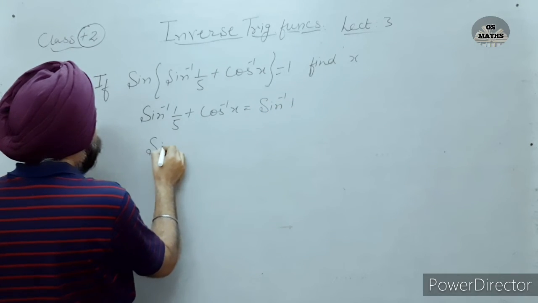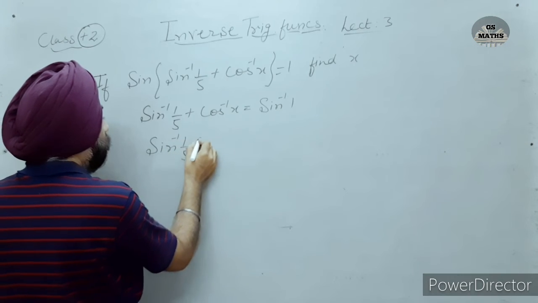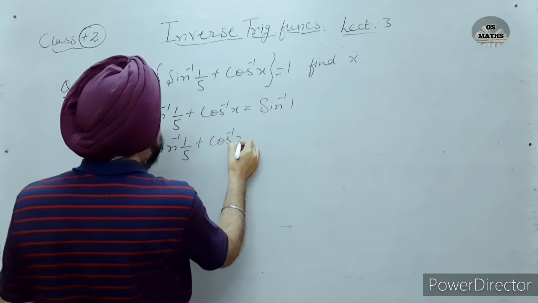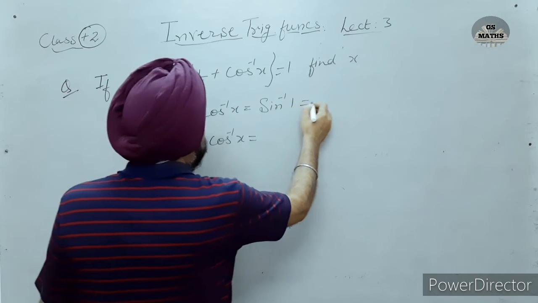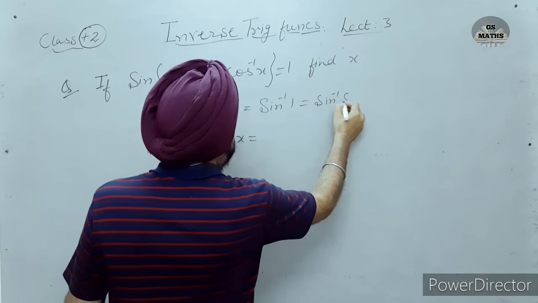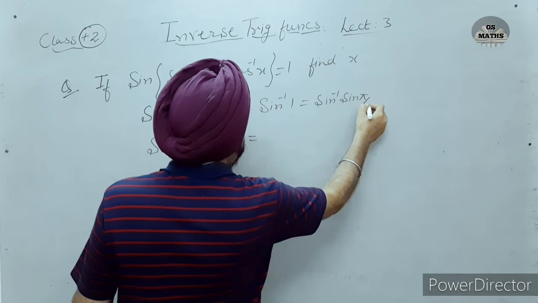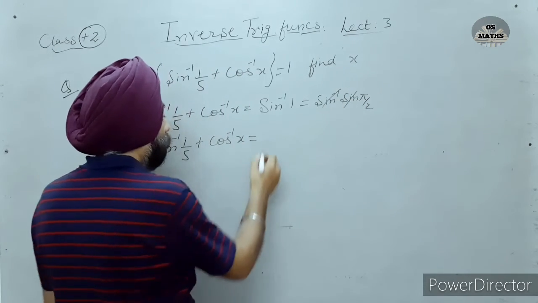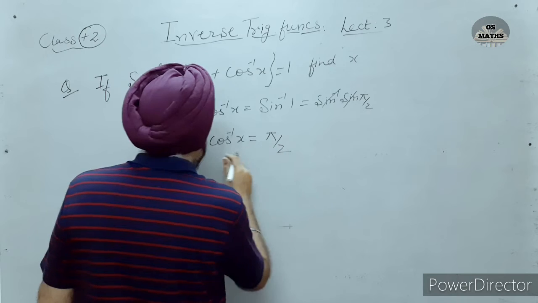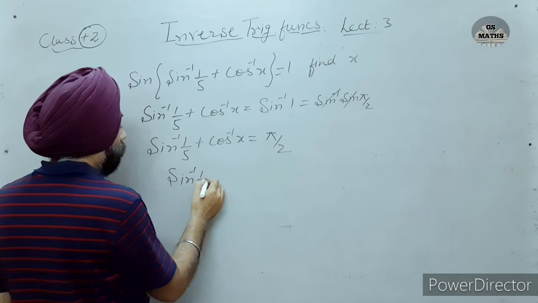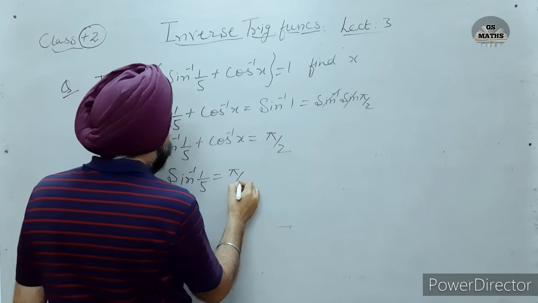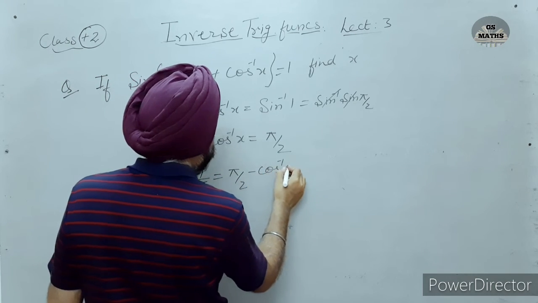Now sine inverse 1 by 5 plus cos inverse x is sine inverse 1. This is sine inverse sine of 90 degrees, that is pi by 2. Only pi by 2 is left. Now take this cos inverse to the right hand side. Sine inverse 1 by 5 is pi by 2 minus cos inverse x.